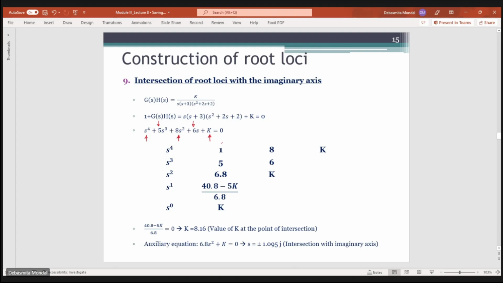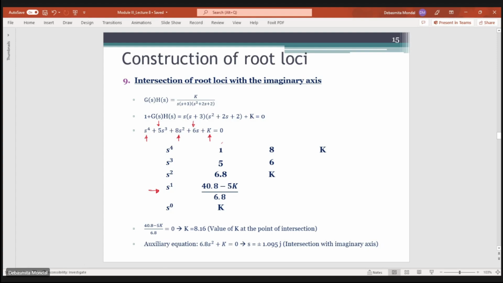Once you have filled up the Routh array, you see that for the row s to the power 1, if we make this term equal to 0, then all the elements in this row become 0. So from this row we can find the value of k. You equate this term to 0, so k equals 8.16.